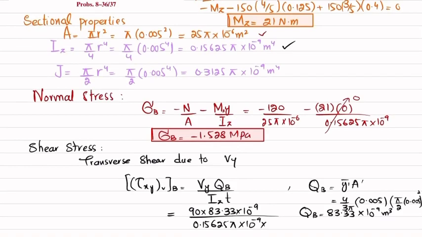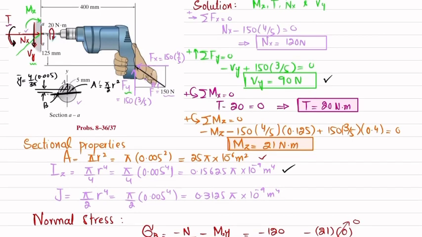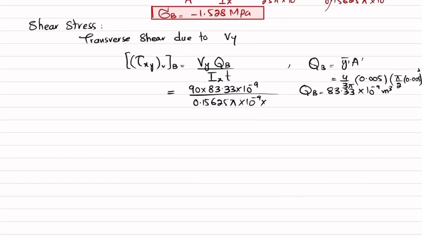And what about thickness? You can see this is the thickness, 5 and 5, 10 millimeter, which is 0.01 meter. When you calculate it, you will get 1.528 megapascal. That is the transverse shearing stress due to vertical shear at point B.